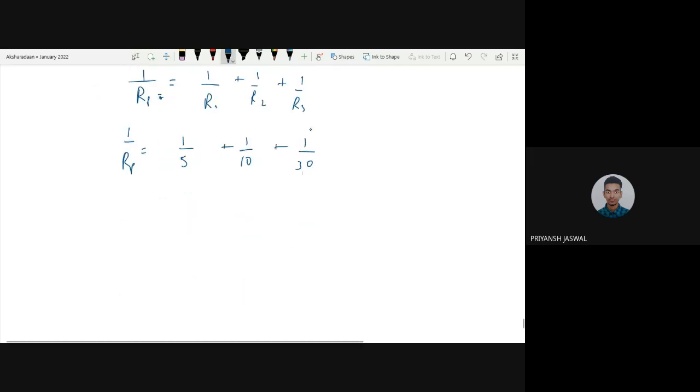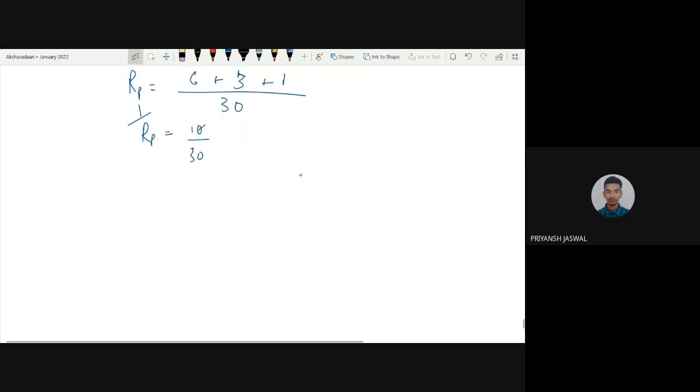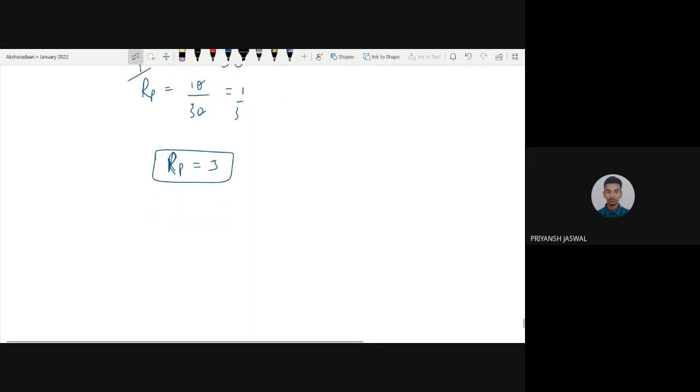How do we solve it? Take the LCM, which will be 30 itself. 30 by 5 is 6, 30 by 10 is 3, 30 by 30 is 1. So it becomes 6 plus 3 plus 1, that is 10 by 30. This is 1 by Rp actually. So 1 by Rp is 1 by 3. Take the inverse on both sides, and Rp is equal to 3 ohm.